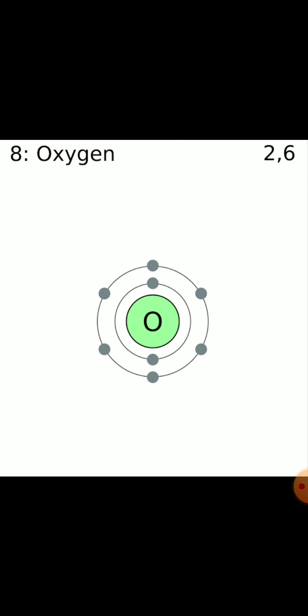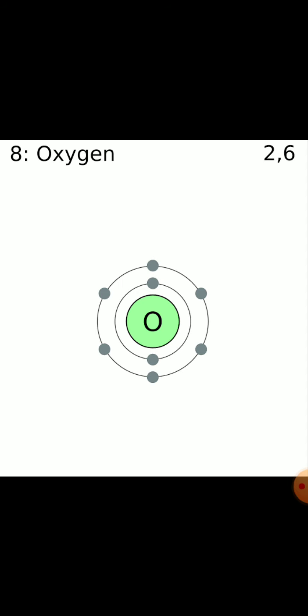Which means we do not have the same number of valence electrons in one period. Whereas recall, we learned that in one group all the elements have the same number of valence electrons, whereas in a period they do not.